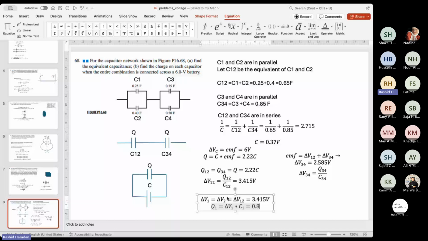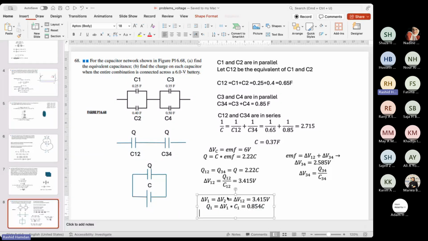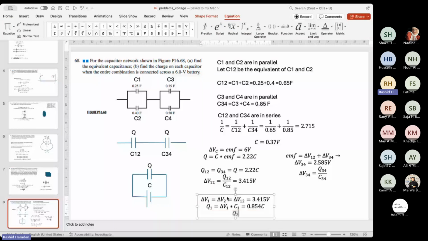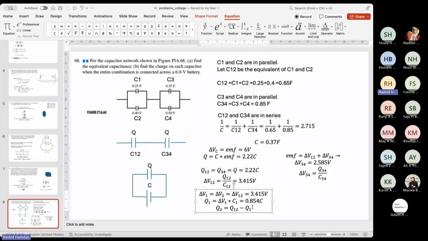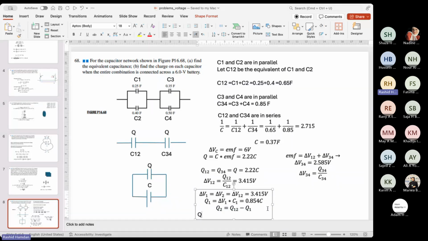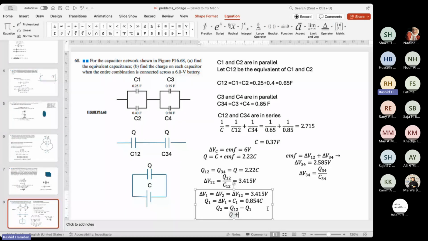Q2 I can also get in two ways: either Q2 is equal to Q12 minus Q1, or the same as I did before, Q2 is equal to delta V2 times C2.